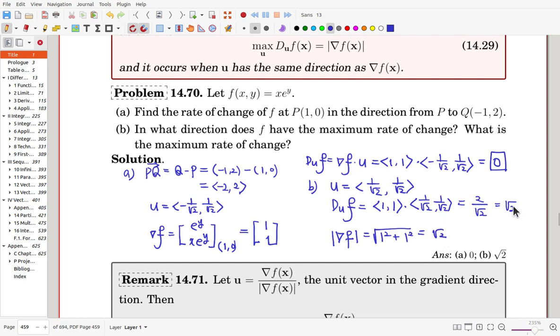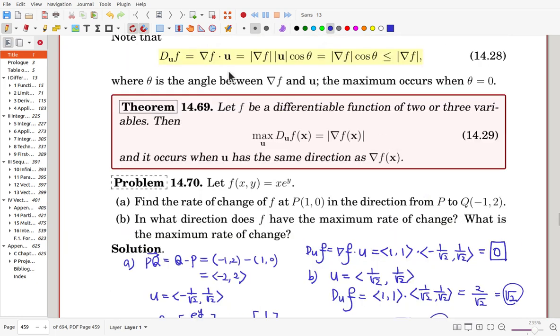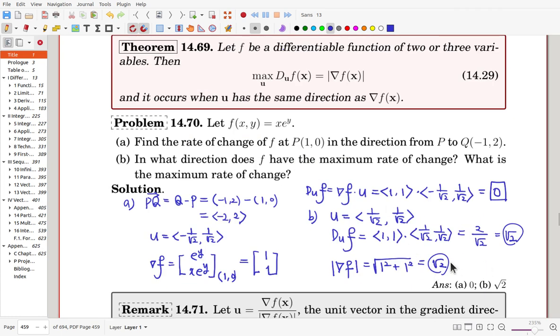Either way, we have the same result. We computed the result using that one and also using this one, but we have the same result. When we choose u to have the same direction as gradient of f, then the directional derivative is maximized.